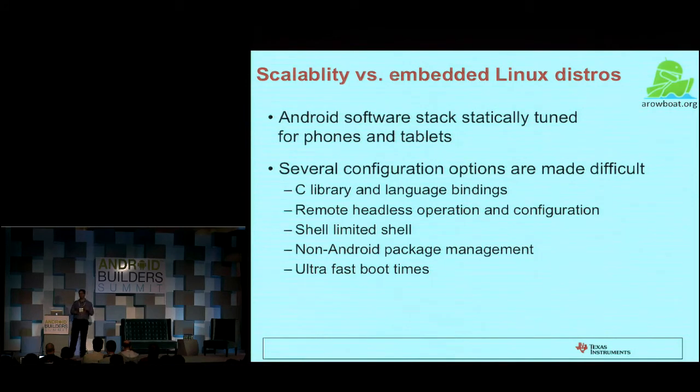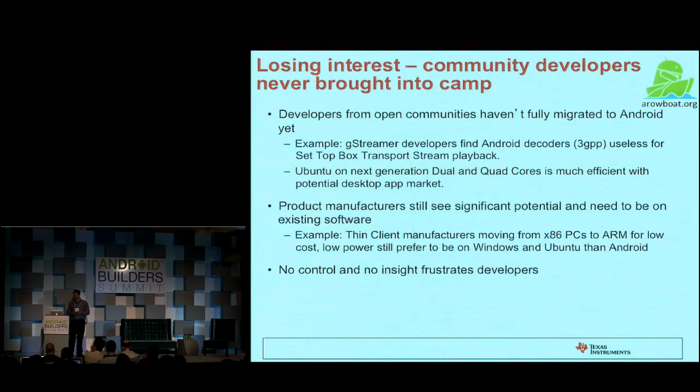If you wanted to use something like systemd and trim down your daemons to only start up when certain ports are opened, these are very difficult to achieve in Android, as it wants to automatically start up a bunch of operations, and it's difficult to pare that down. So if you want ultra-fast boot times, Android might not always be the best choice for you, depending on what you call ultra-fast.